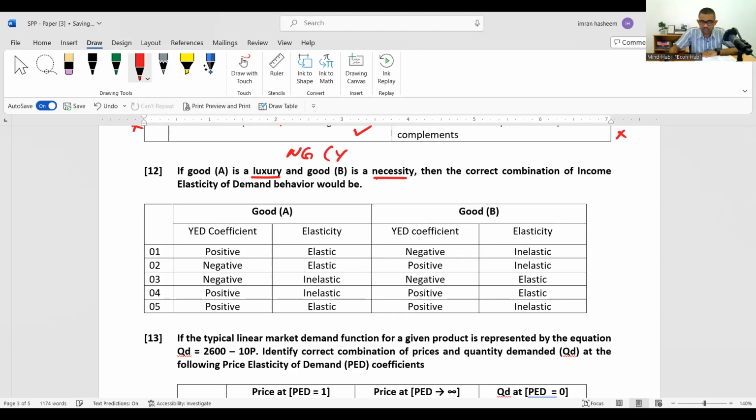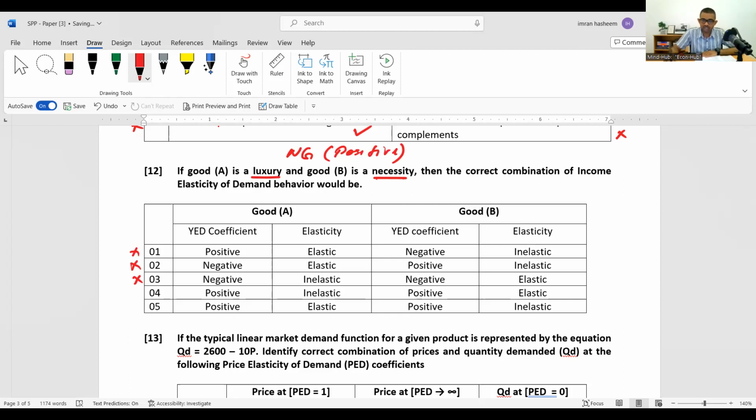For normal goods, the YED coefficient is positive because the income-demand relationship is positive. So any answer that doesn't say positive for both can be eliminated. First, second and third answers eliminated. So it's between 4 and 5.